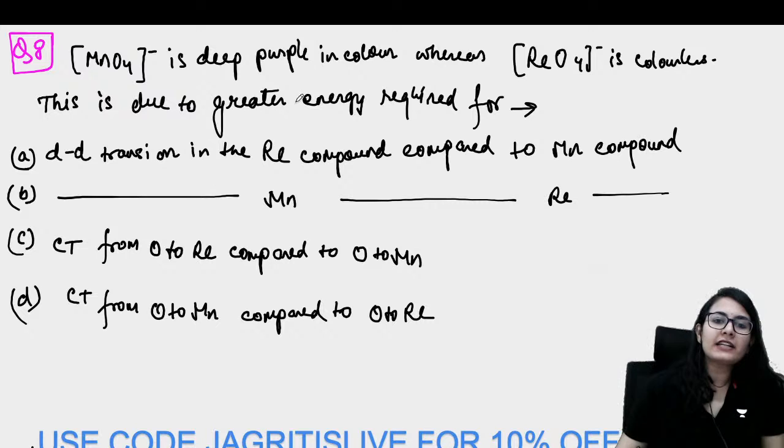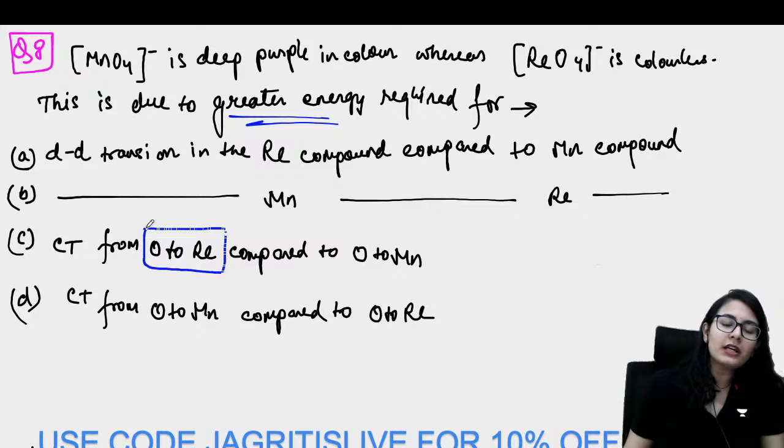Yes, absolutely, guys. So due to greater energy required for the rhenium complex, the oxygen to rhenium compound is going to have high ligand to metal charge transfer, right? What is the charge transfer taking place? Ligand to metal charge transfer, because the metal is there in a very high oxidation state, +7, right?